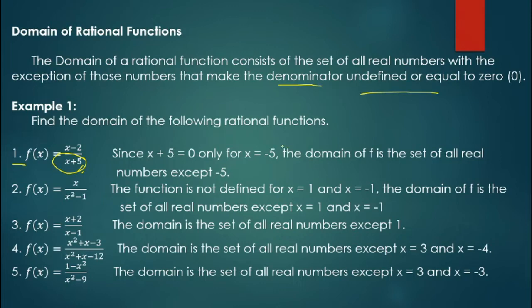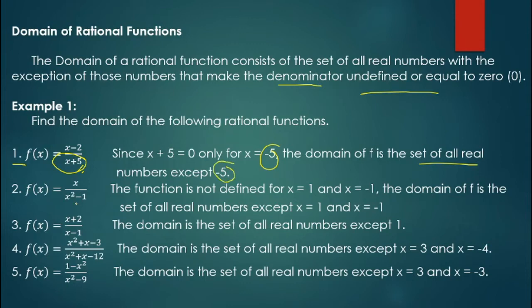So, ibig sabihin po, hindi pwedeng maging negative 5 ang x because negative 5 plus 5 is 0. So, the domain of f is the set of all real numbers except negative 5. So, pag sinabi natin set of all real numbers, any number, kahit anong number, wag lang ang negative 5.